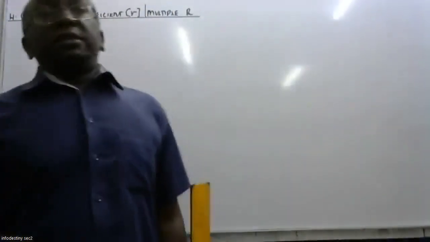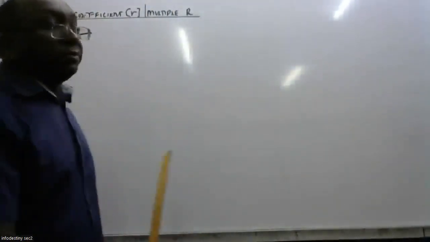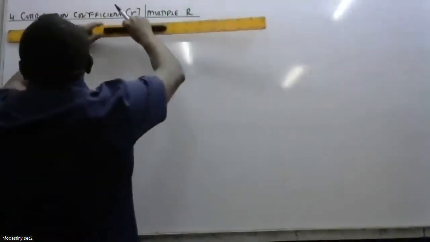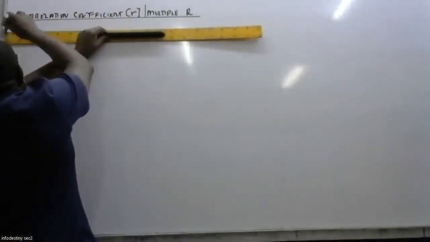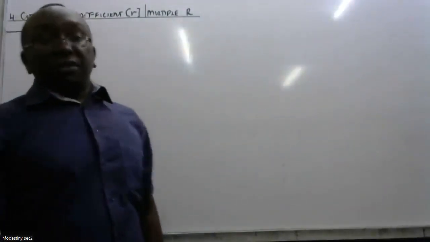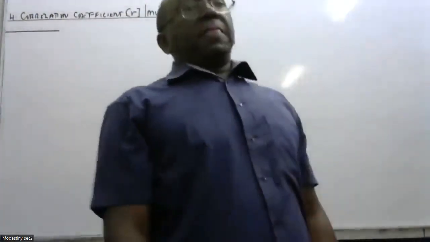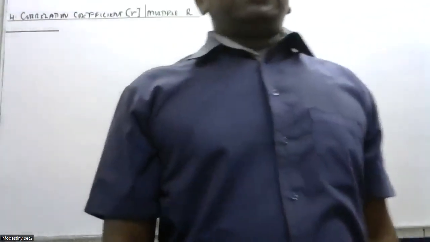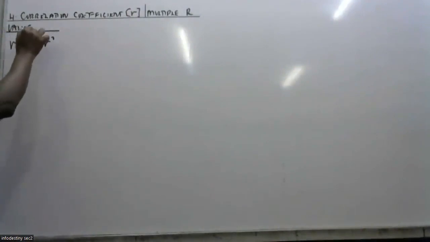Now this one is a very simple value because it shows us two things. As we said earlier, it shows us the type of the relationship that exists, and it shows us the strength of the relationship. With that, we can compute the value. The value of R is simply the square root of R squared.